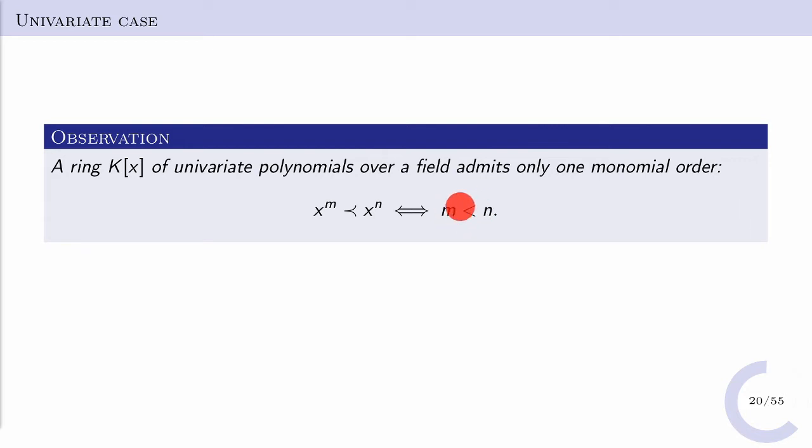There is nothing else we can do here. So the only possible monomial order for univariate polynomials is just the comparison of exponents. That's why we do not consider the term monomial orders there. Monomial orders are important only when we deal with multivariate polynomials.